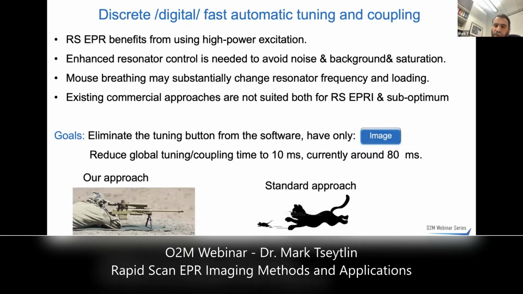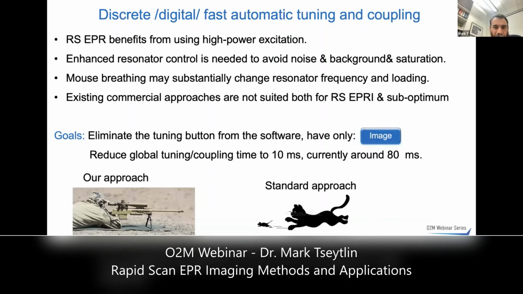First, you can lose your mouse if the change is quite large. And another thing for imaging: if you do AFC, your frequency may change. For rapid scan, especially for imaging narrow lines for oxygen, for oximetry, if your line starts moving, you're screwed. You get broadening of your line and lose all important information.